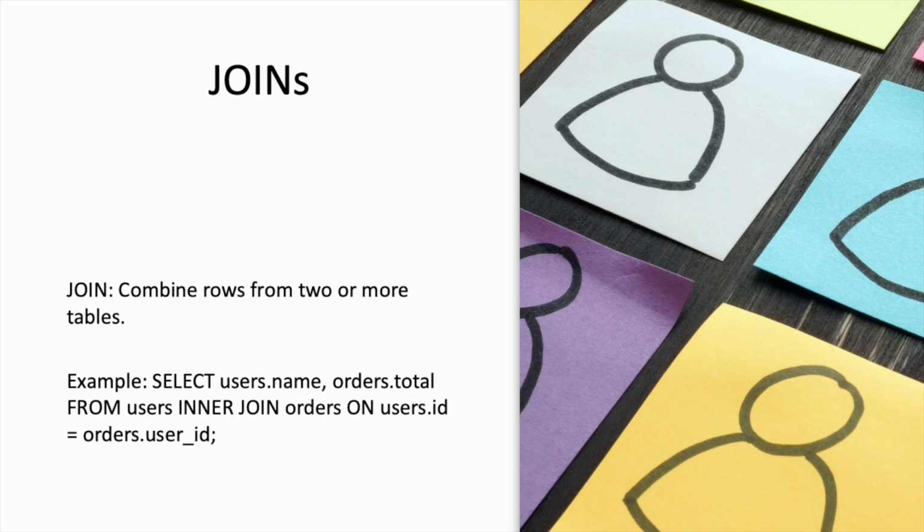So we can join these two tables based on user ID. For example, here we have used SELECT users.name, orders.total FROM users JOIN orders ON users.id = orders.userid. So the related column between both the tables is user ID here. There are different types of join like inner join, left join, right join, outer join. So based on your requirement, you can use the right type of join.